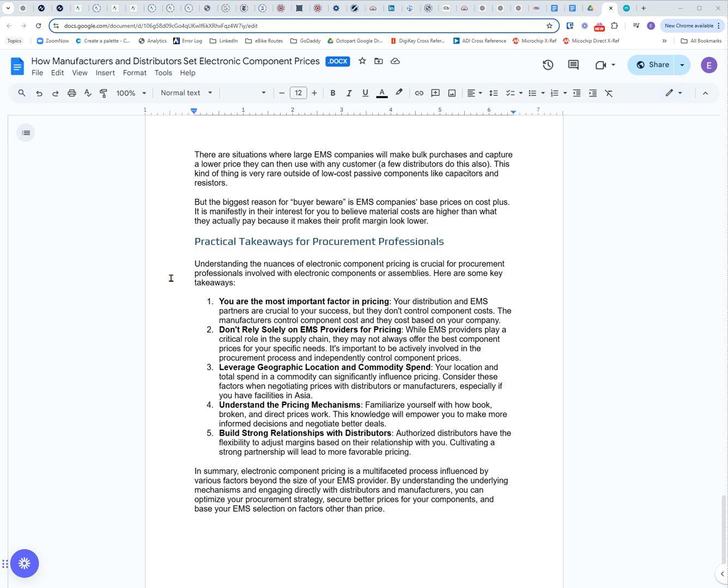The fourth thing is understand these pricing mechanisms. Know how a book price, broken price, direct price works. It's like anything else in the world. When the person on the other side of the table realizes that you know what you're talking about, it's a real bullshit shield.